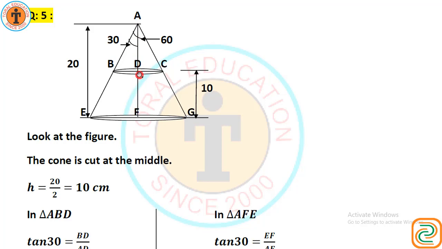AD is the median, and both the sides are equal, therefore the median cuts a right angle. So in this triangle ABD, the angle BAD becomes 30, half of 60.